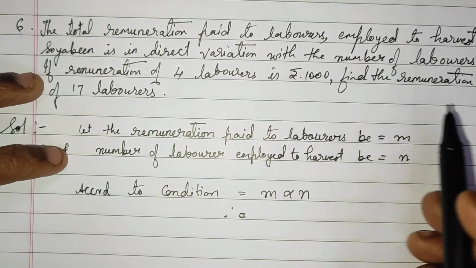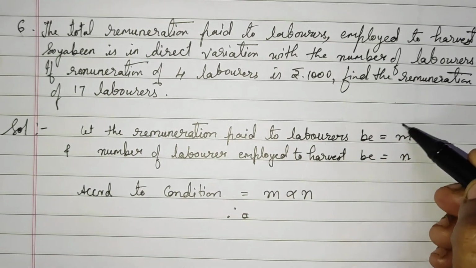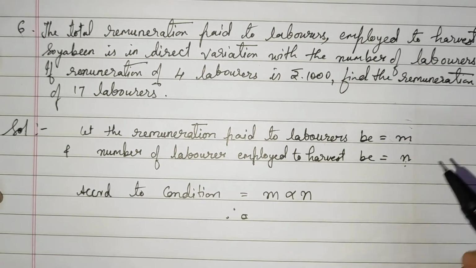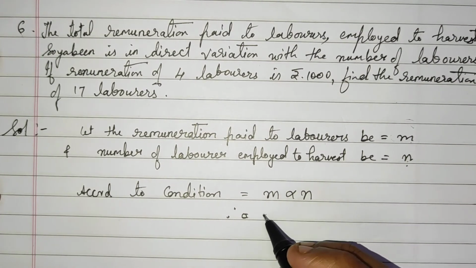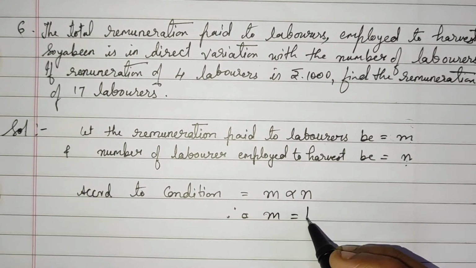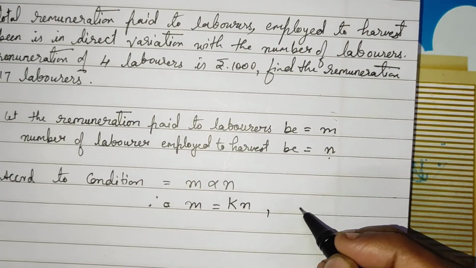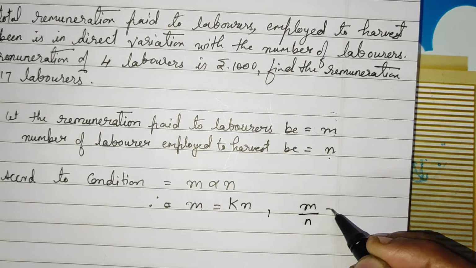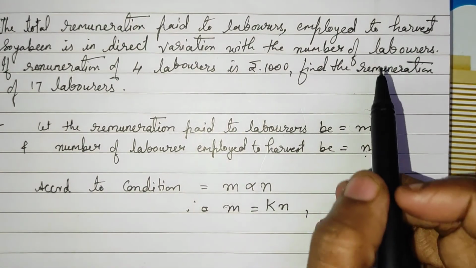So number of laborers be N. So according to condition, this M is in direct variation with N. M is equals to K into N. So that is M upon N is equals to K.